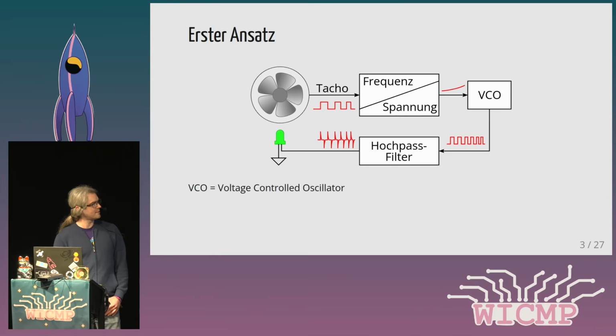Then it goes to a VCO, a voltage controlled oscillator, which converts the voltage into a frequency, and the result should, as we just discussed, be something around 3.5 times the spin signal.